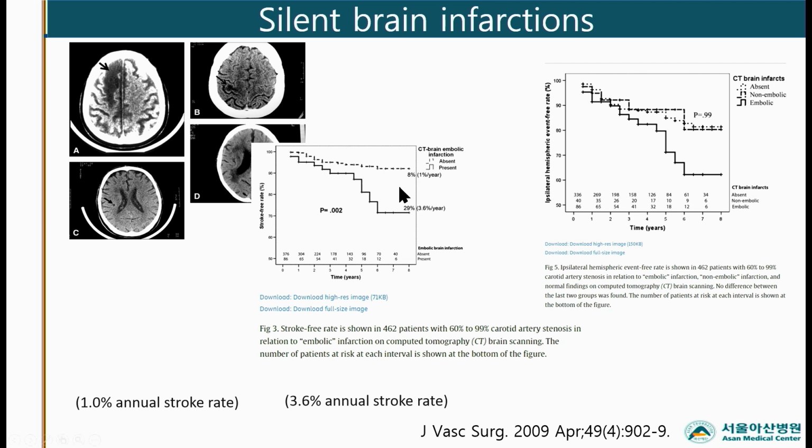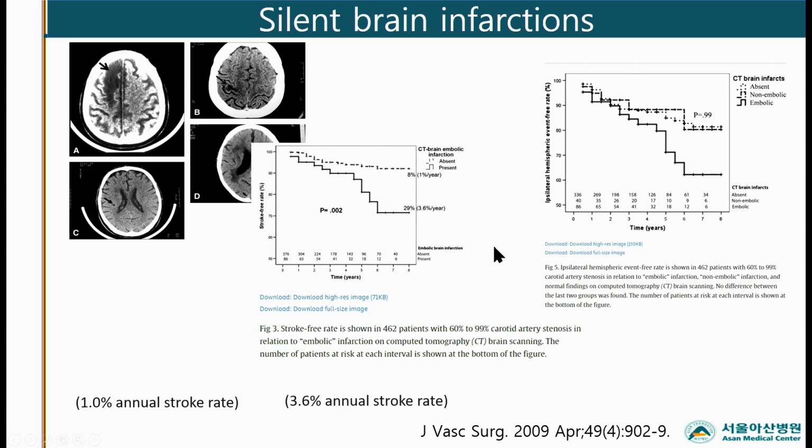Looking here, if there is no silent brain infarction on CT, the patient has only about a 1% annual stroke rate in asymptomatic cases. However, if the patient has a silent brain infarction detected on CT, the annual risk goes up to 3.6% per year.